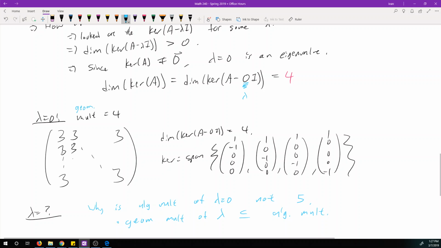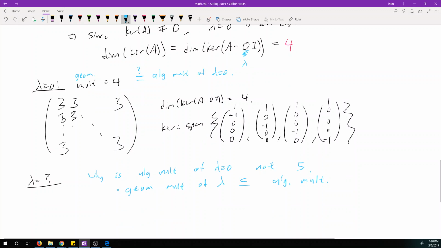But we don't know if this is equal to the algebraic multiplicity of lambda equals 0 because we never calculated the characteristic polynomial in the first place. So I have no idea how many times lambda equals 0 shows up as a root of my characteristic polynomial.